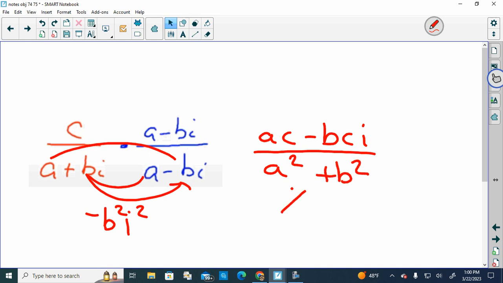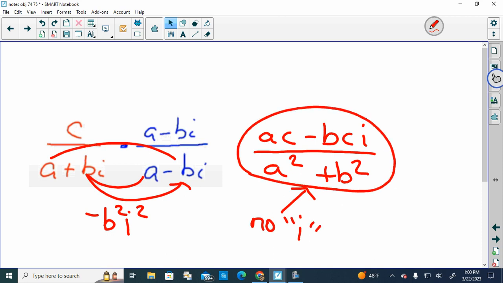So as long as there is no i when you're done, you get it right, regardless if it's numbers or no numbers. There's no i in the denominator. You can't have i's in the denominator. So we got rid of it.